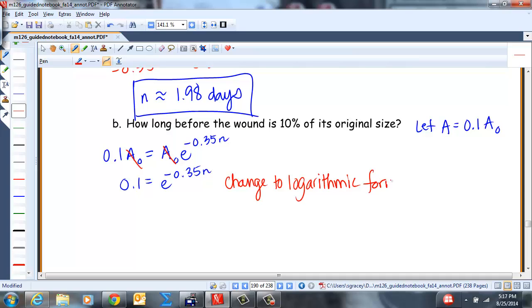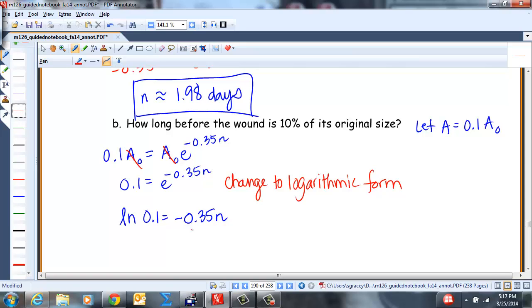And again, we'll have a more definitive way, logging both sides of this, after we learn more properties of logs. But changing to logarithmic form, natural log takes care of that base of e. A logarithm is an exponent, so we get negative 0.35 times n, and what's left is the 0.1.